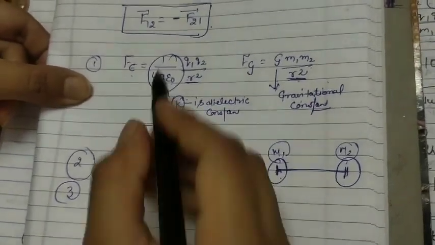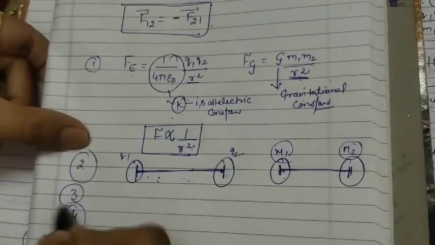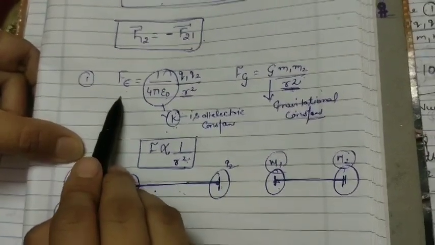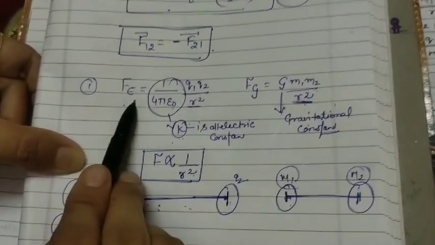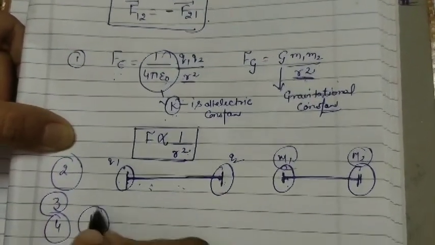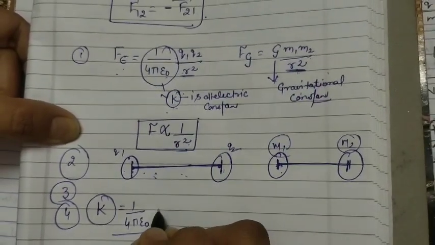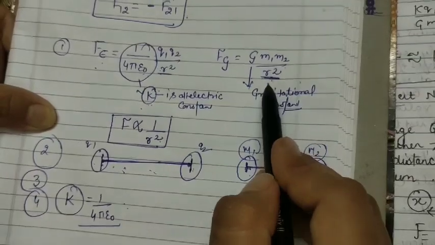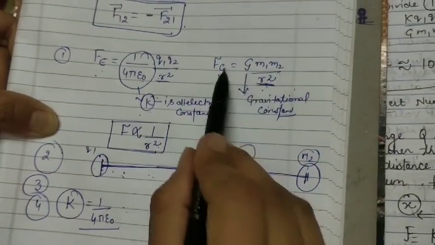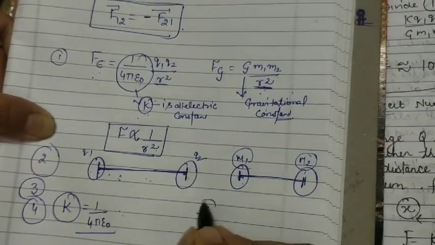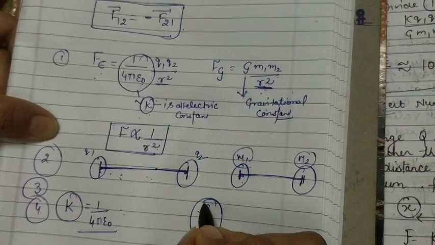Next, the fourth one is that electrostatic force depends on the medium, meaning the value of K, which is equal to 1 upon 4 pi epsilon naught, depends on the medium. But gravitational force has a universal gravitational constant. It doesn't depend on the medium.